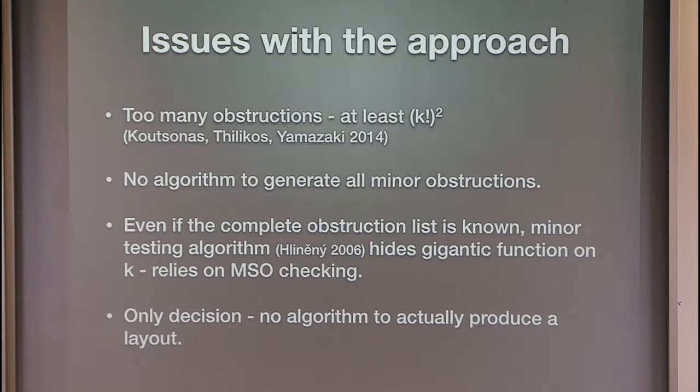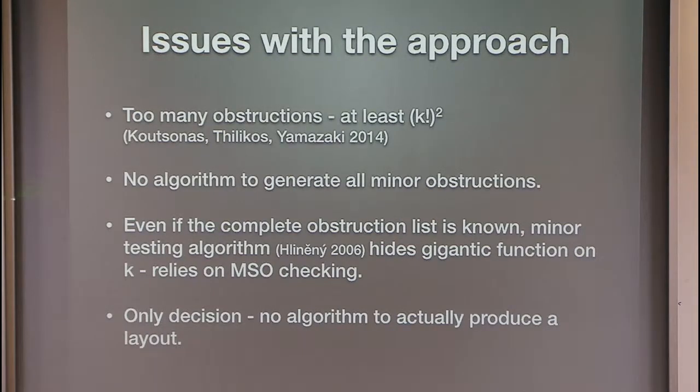But here are some problems. There are too many obstructions for pathwidth at most K. And we know only a lower bound. We don't know any upper bound. And there is no known algorithm to generate all minor obstructions.